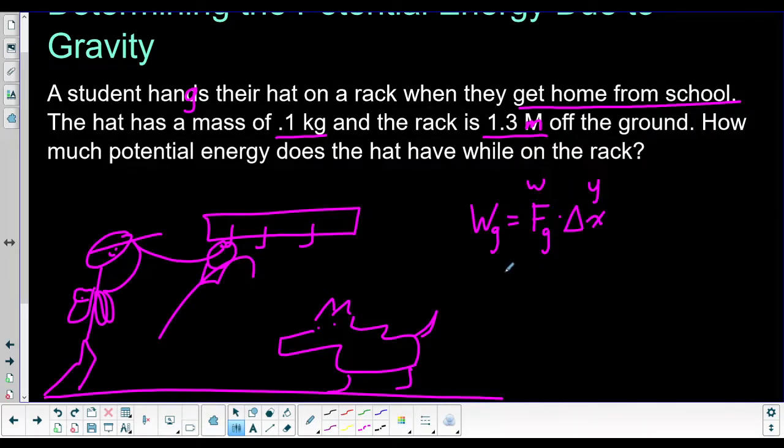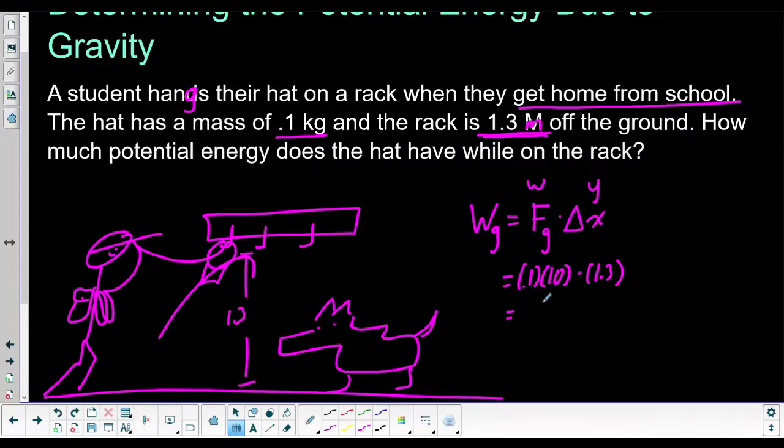The force of gravity is weight, which is mass times gravity. The mass is 0.1. The gravity is 10. And the displacement, we're going to fall from here to here, this distance is 1.3 meters. Okay. So 0.1 times 10 is 1, times 1.3.